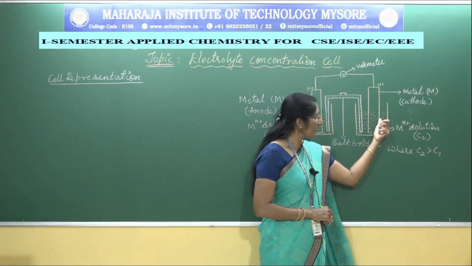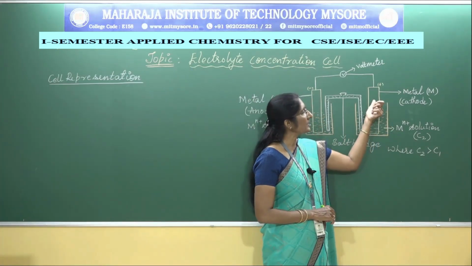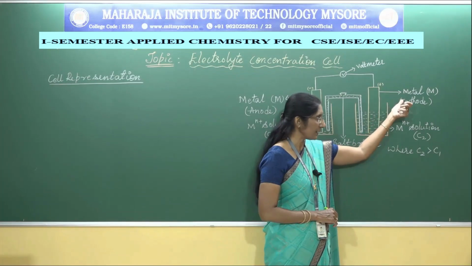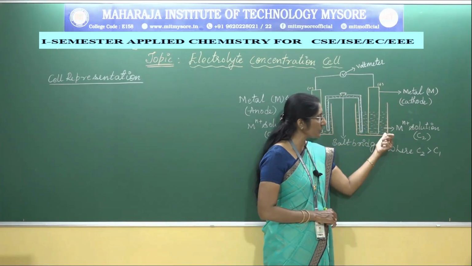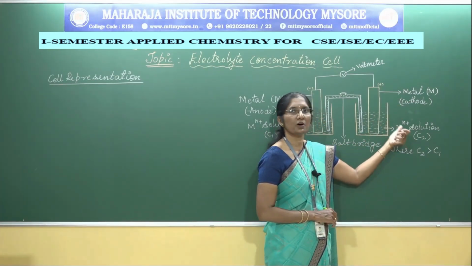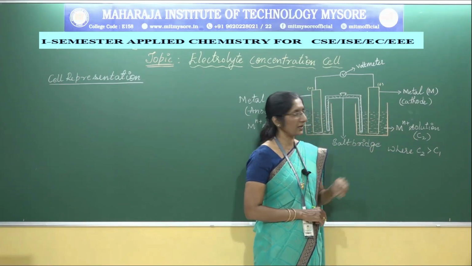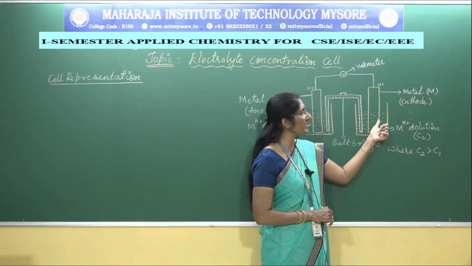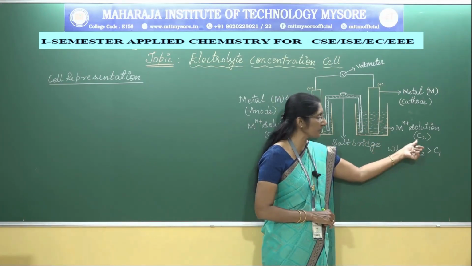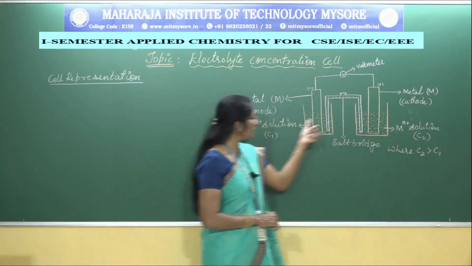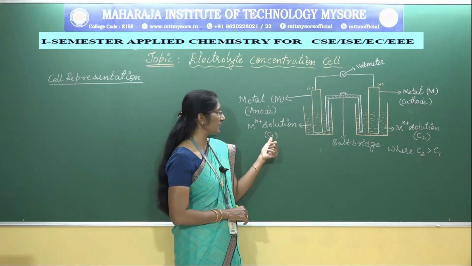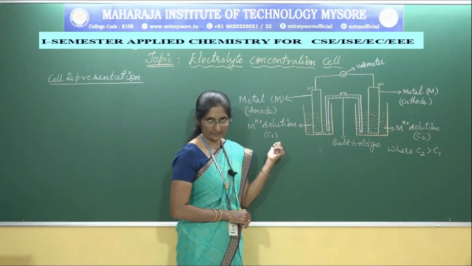Then in another compartment, the metal M is in contact with its own M^n+ solution. Let us assume that the concentration of metal ions present at the cathode is C2 molar and the concentration of metal ions present at the anode compartment is C1.